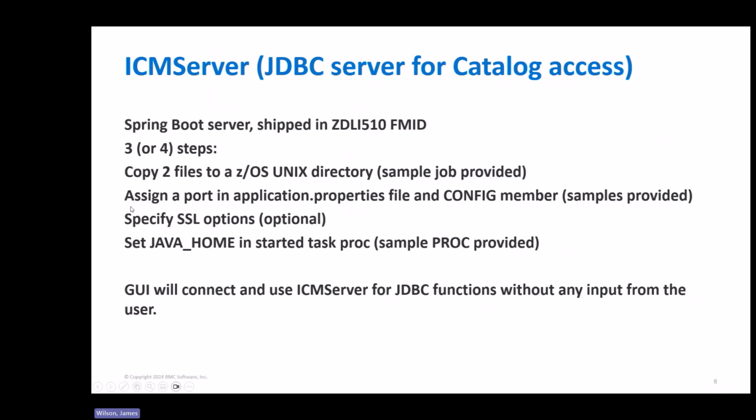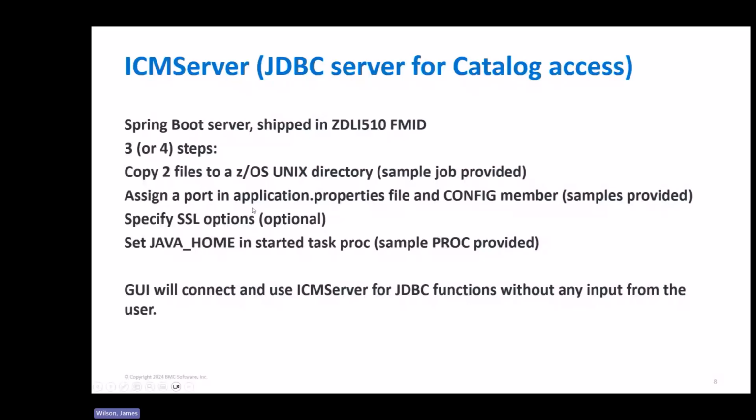The other is you need to assign a port to it in that properties file because it is a server, so it needs to have a port. And the third is SSL. If you ever run with SSL, there's some additional properties to set in that properties file in order to indicate the key store and all those SSL options that are necessary.